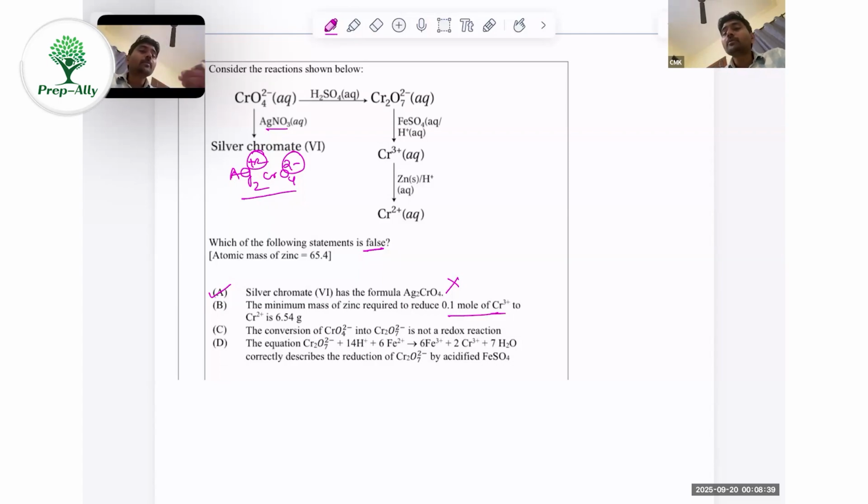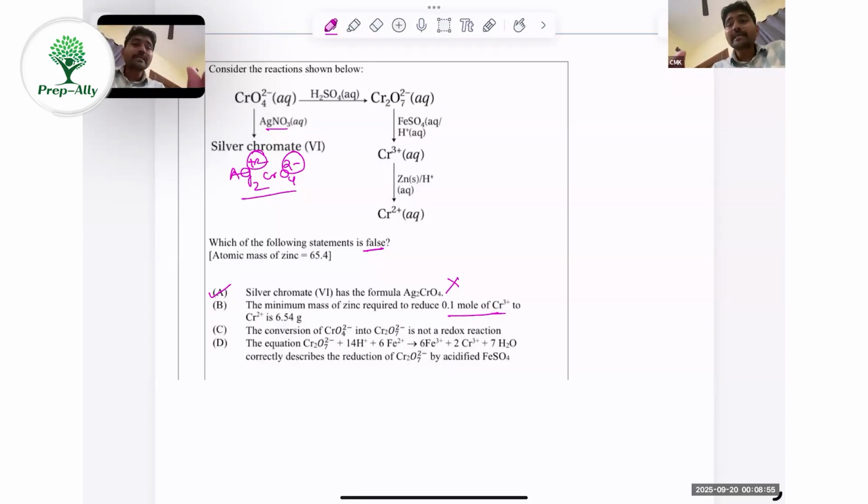Zinc donates electrons, zinc to zinc 2+, and chromium is accepting those electrons. Whatever electrons zinc has given, only those should be accepted by chromium. So the equivalents should be the same.